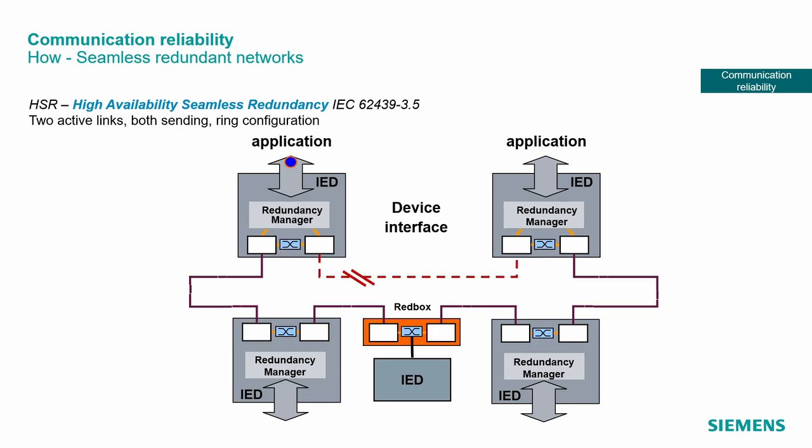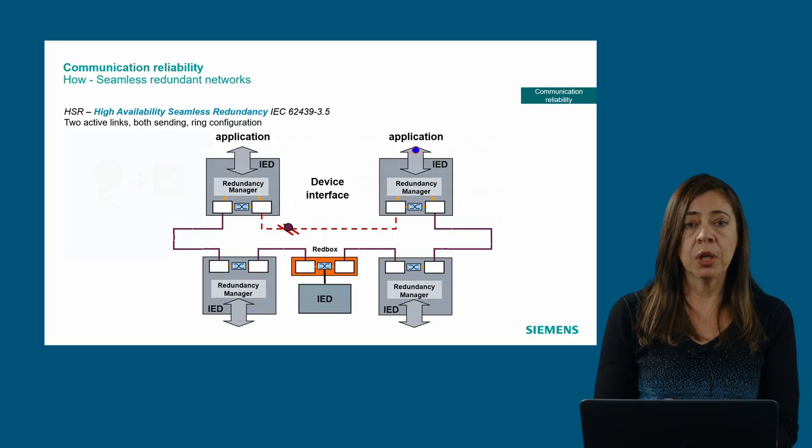If there is a problem in the network, then one of the messages is going to get lost, but the other one is going to arrive at the destination without any delay. And also in this type of configuration, the devices which are not capable can be added by using a red box.